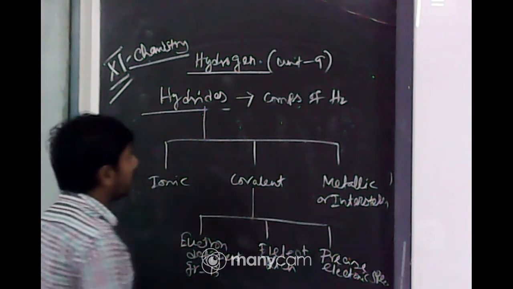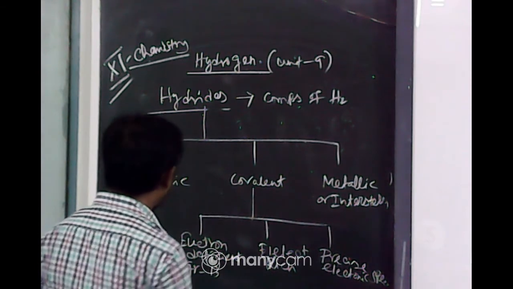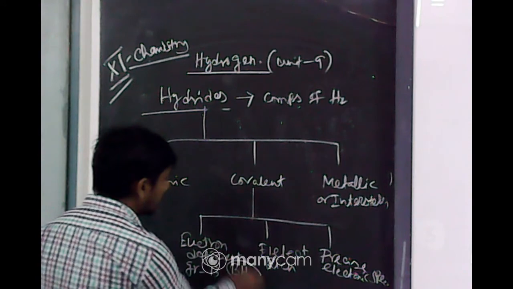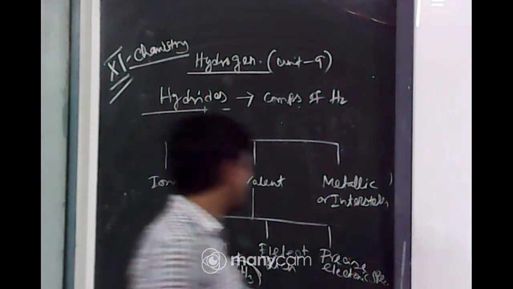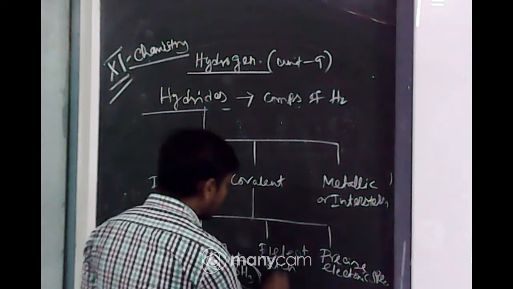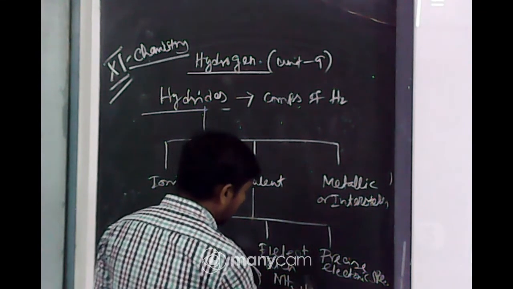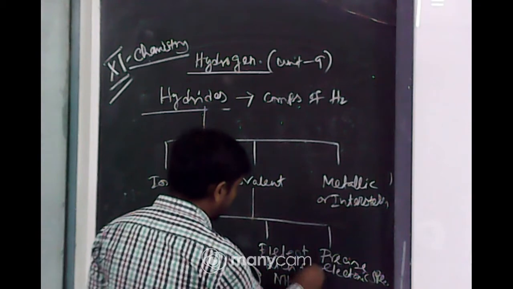You cannot see this part. That group 13, that is hydrides of boron BH3, it is electron deficient. Now, electron rich, that is NH3, that is group 15.